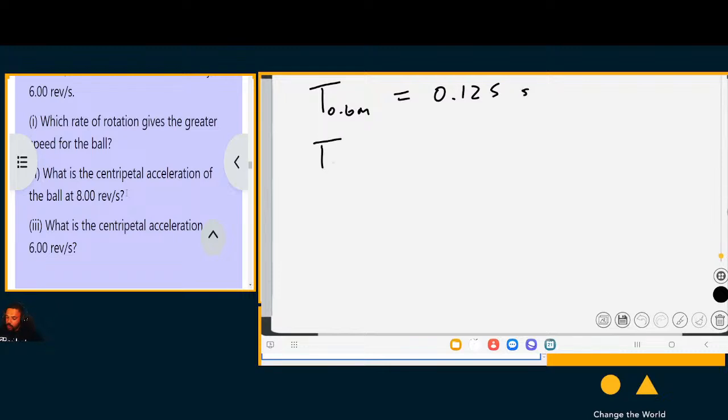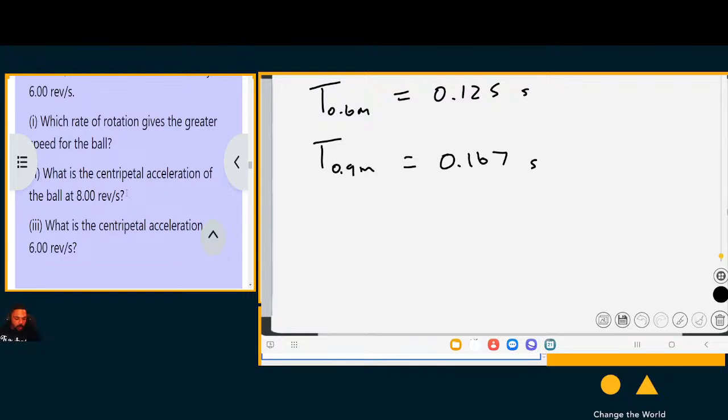But for the other radius, 0.9 meters, the time it takes to complete one revolution, or once around, is 0.167 seconds, and that makes sense. It's traveling a longer distance due to the radius being longer, which means it will take a bit longer to complete one full circle. So now we have times.